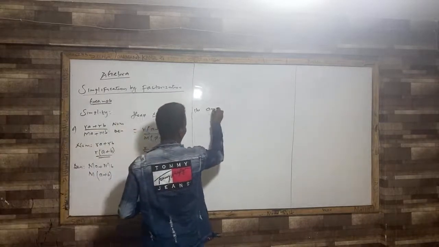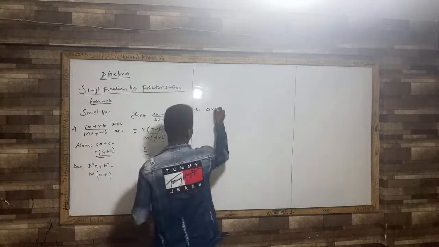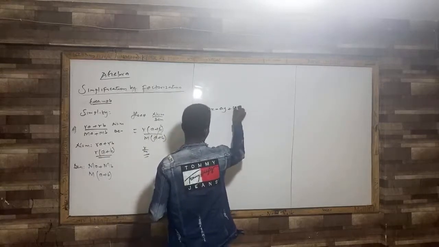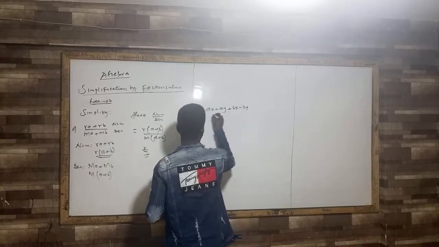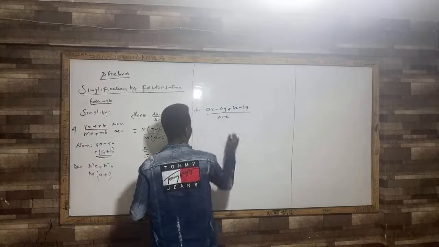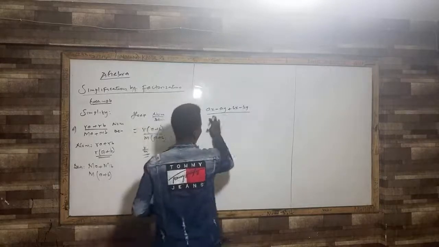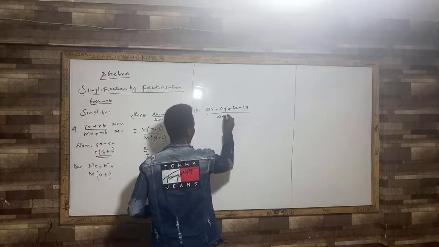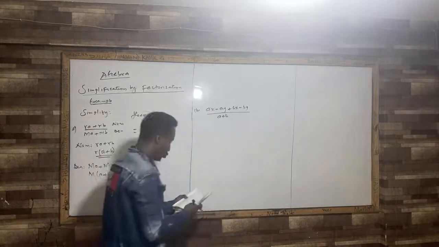We have AX minus AY plus BX minus BY, total divided by A plus B. Look at this one. A plus B. What are we going to do?